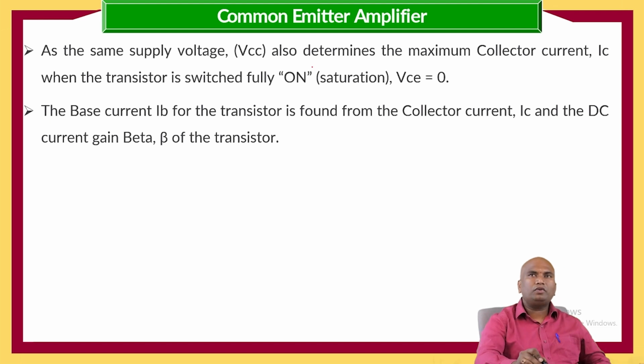The same supply voltage also determines the maximum collector current when the transistor is fully on, that is, when the transistor is under saturation.